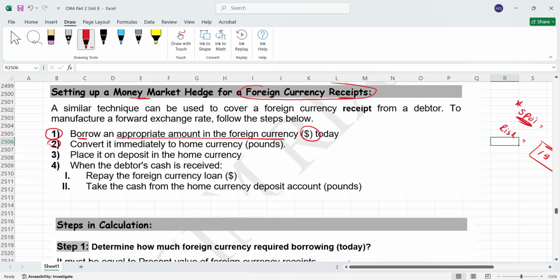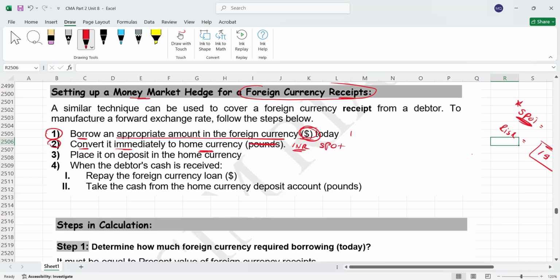Then step number two: I can convert these dollars, my foreign currency, immediately to the home currency, which I'm assuming is Indian rupees, at the spot rate.